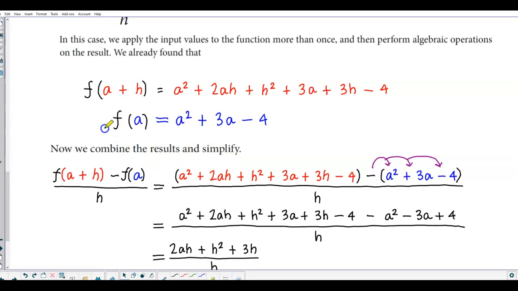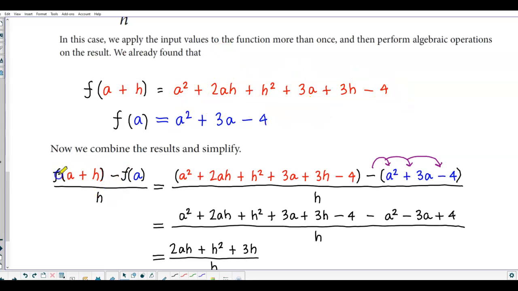So what we're going to do now is, you see this f of a plus h. Okay, what that is, this becomes the input. So f of a plus h is equal to this entire thing.